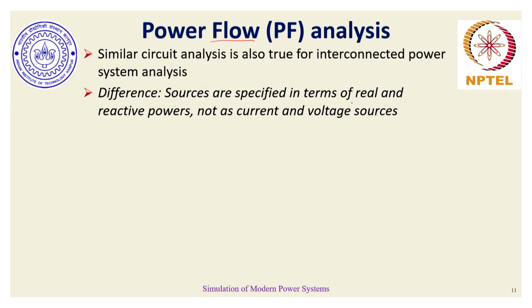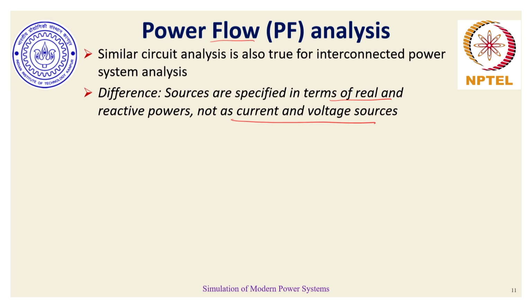If it is supplied rated voltage, then it would consume rated power, and for rated power it would consume the corresponding rated current. The generators that we operate, the thermal plants, hydro plants, their design specifications again come from the perspective of real and reactive powers. The sources are specified, that's why, in terms of powers, and not often in terms of currents and voltages.